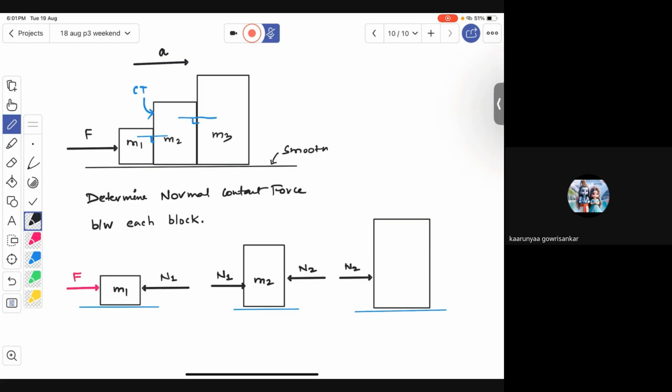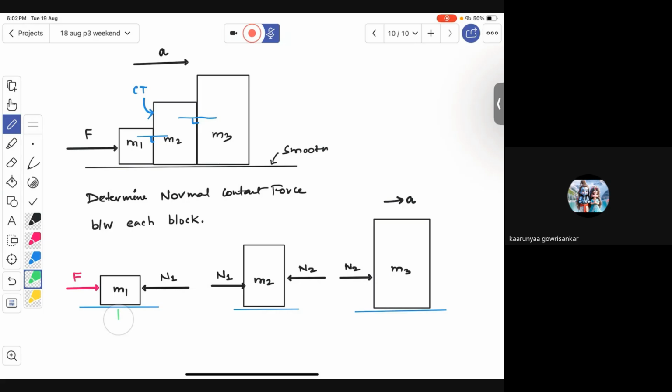Suppose you don't know the behavior of these normal contact forces, you can still guess in which direction they must be acting. How? Check out M3, it is moving with some acceleration. There must be some force acting on M3 along the horizontal direction. The force M3 has from the ground below, I'm not drawing it because it is not required here, but in a CBSE kind of exam, you must draw everything.